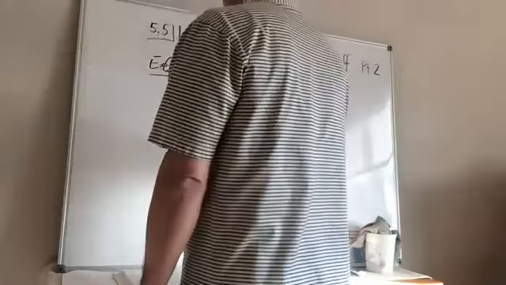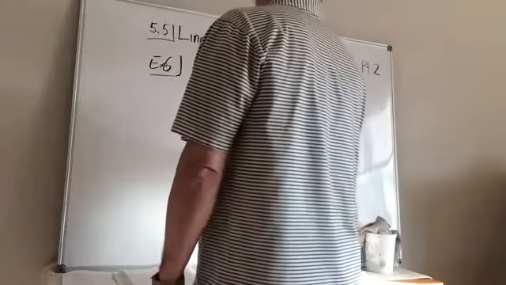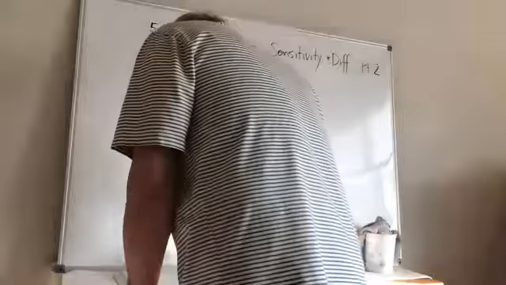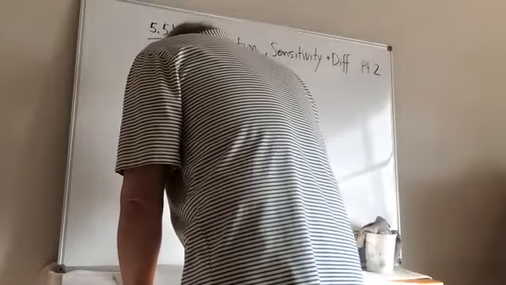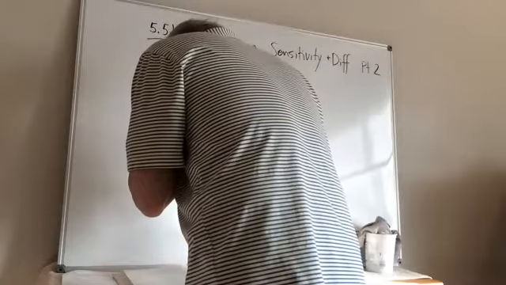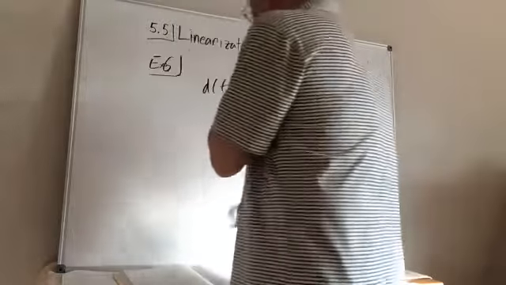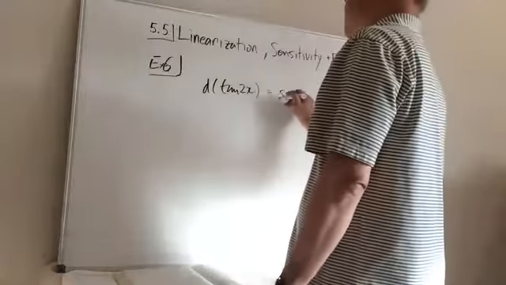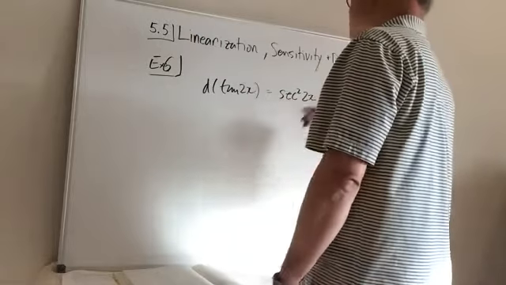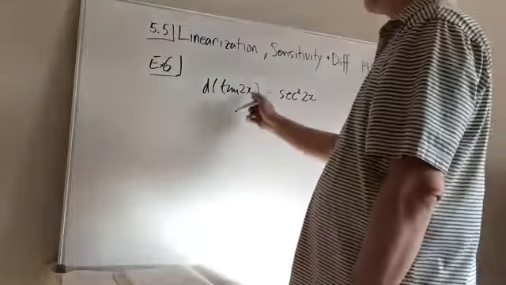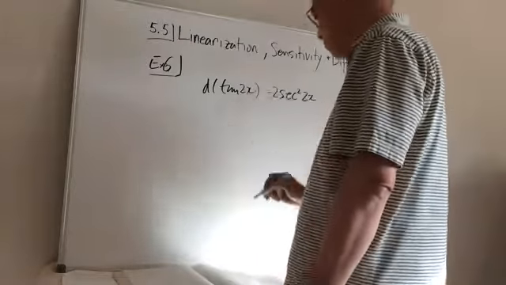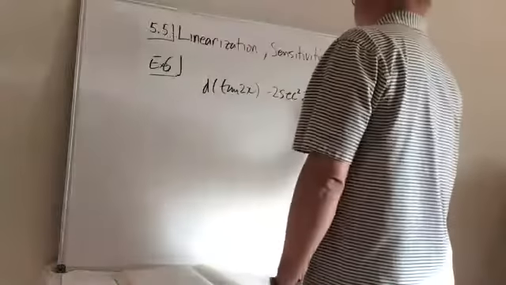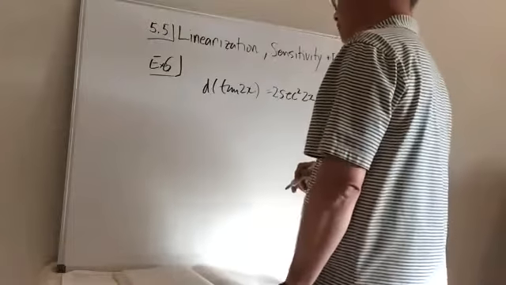So d of tan 2x. If I take the derivative of this, what do I get? I get secant squared 2x. Then I also have to do the chain rule. So I take the derivative of 2x, so the 2 shows up there. Okay, so that is going to be equal to that.